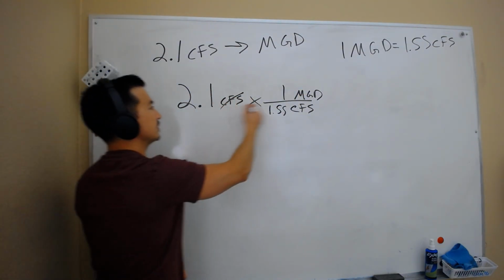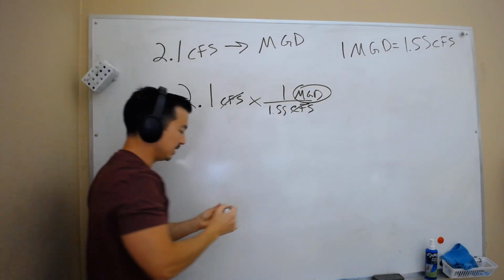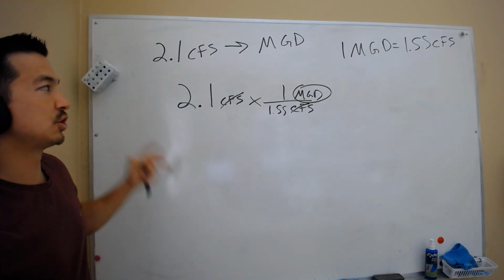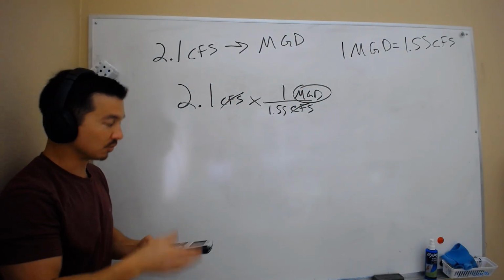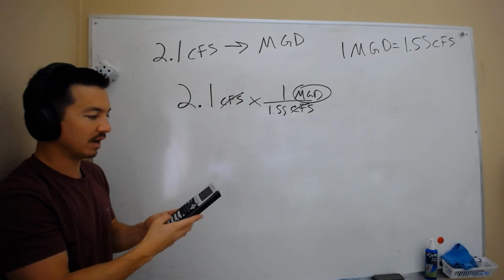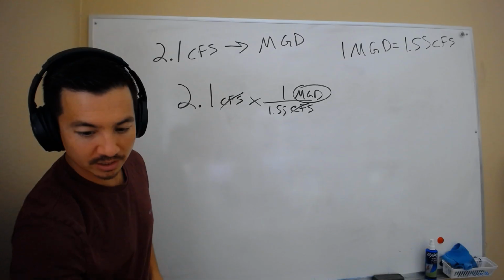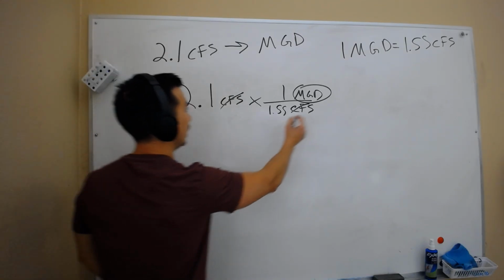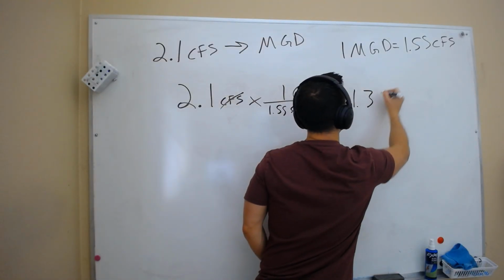This is going to cancel out CFS, and we're left with MGD. All right, so remember, this is like a shorthand version of this. So in order to get the answer now, I'm just going to do 2.1 divided by 1.55, and that gets me to 1.35 MGD.